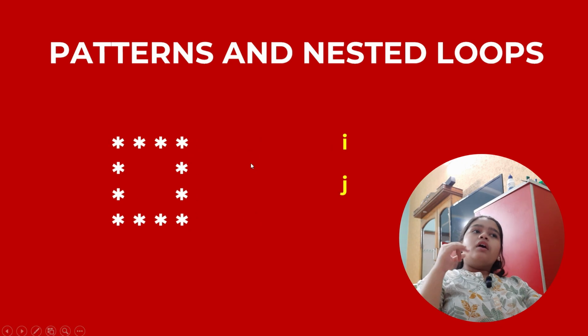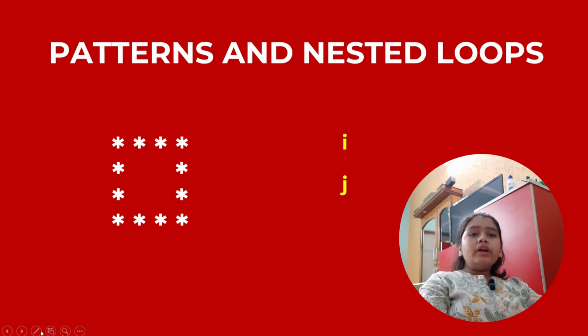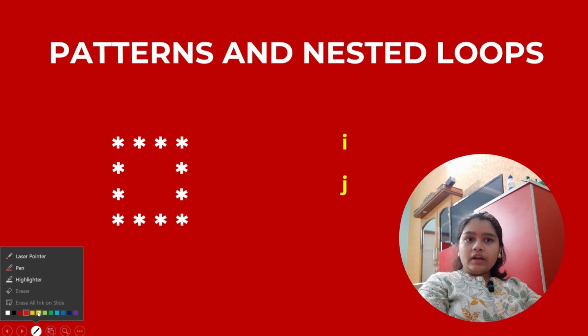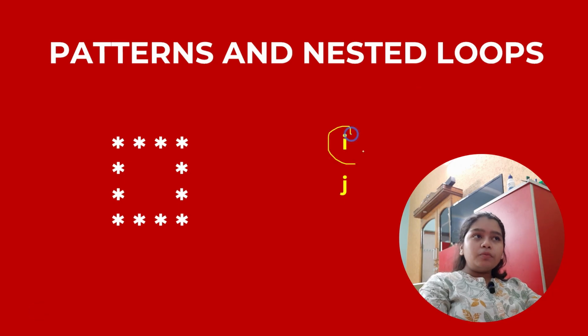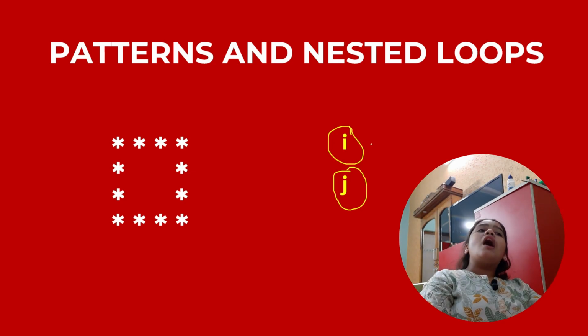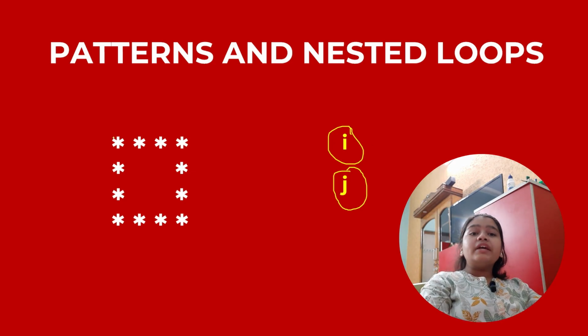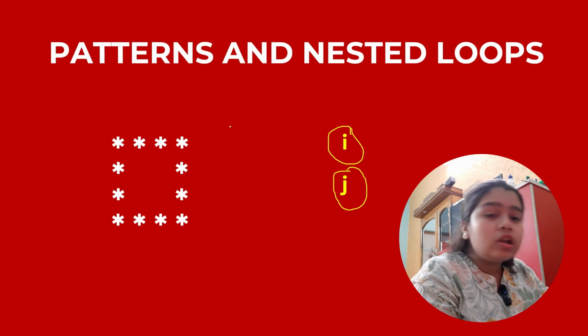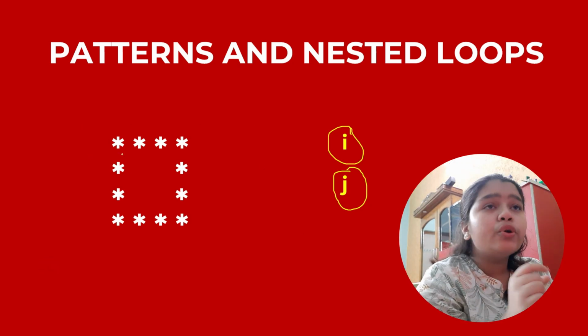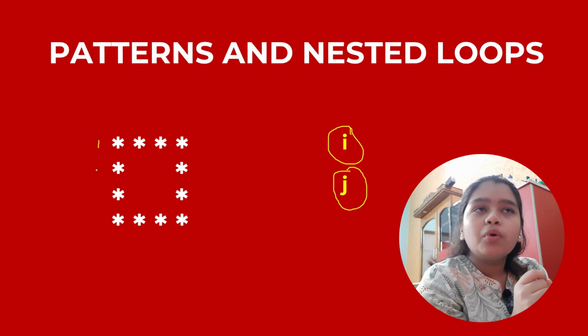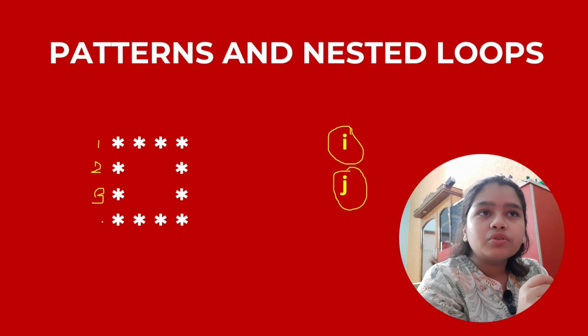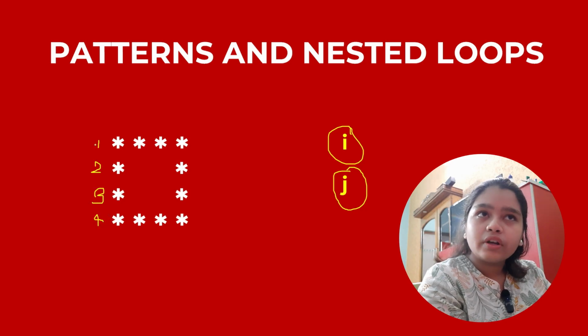Okay, now see, how do we know when to print the star and when to print spaces? Now see, i is going to be our outer loop, and j is going to be your inner loop. That means the outer loop will operate the rows and the inner loop will operate the columns. So what is your row here? This is your row 1, this is your row 2, this is your row 3, and this is your row 4, right?